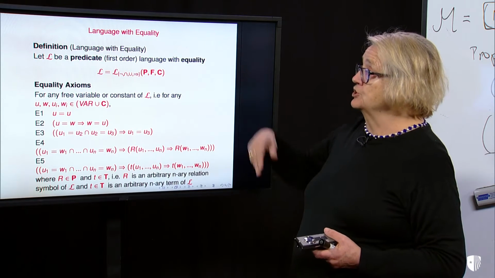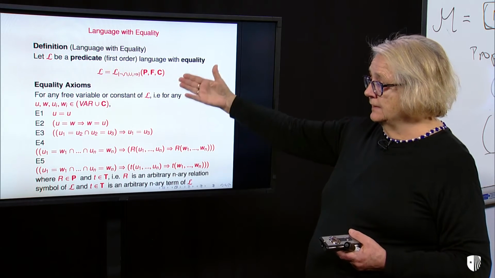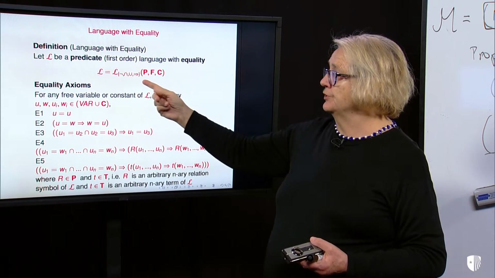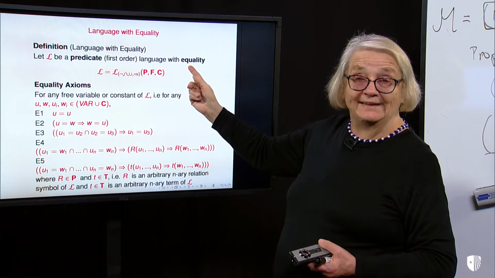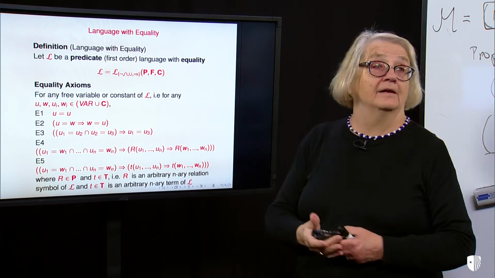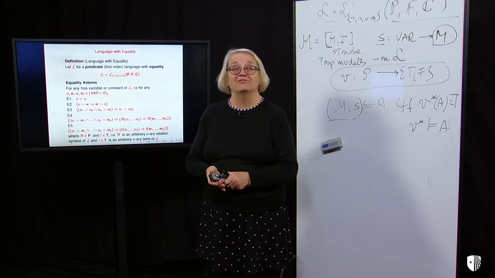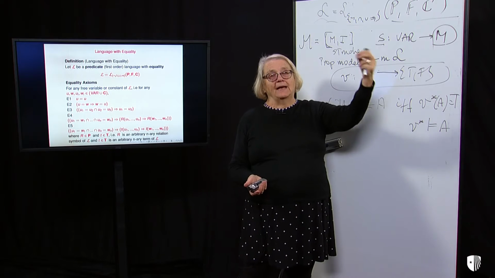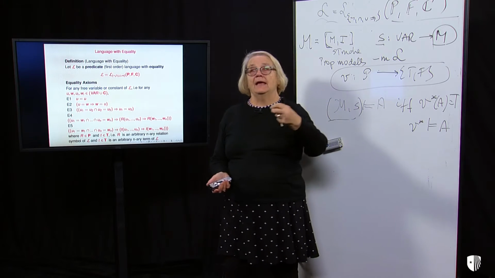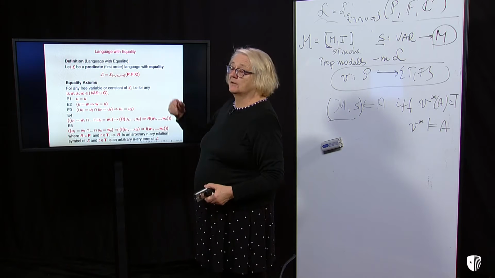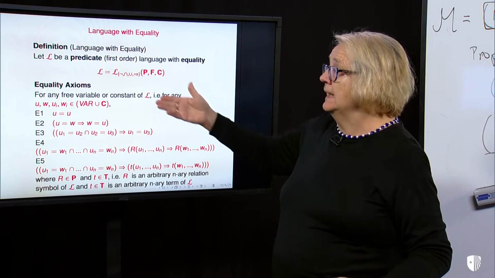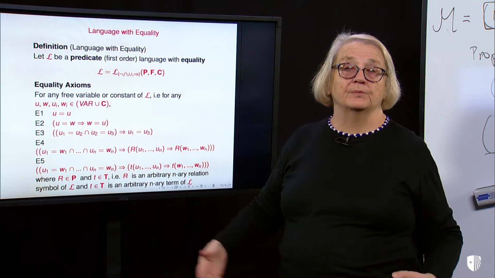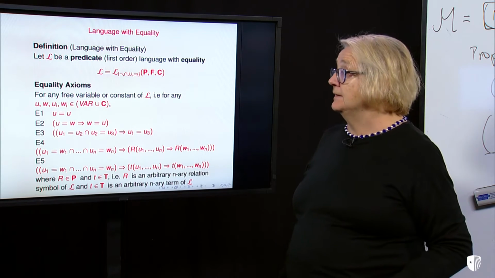So, the language. I said that we call a first order language a language with equality if, among the predicates, you have the equality sign and we use it with its intended interpretation. So the language is with equality, and we have equality axioms. These are obvious axioms of how we understand equality.